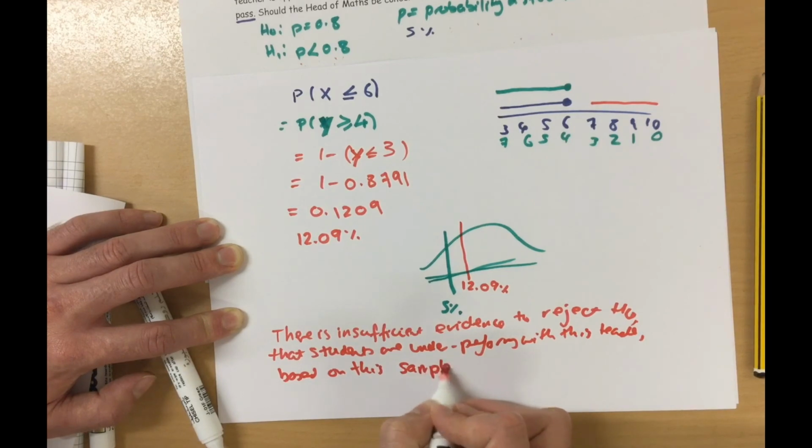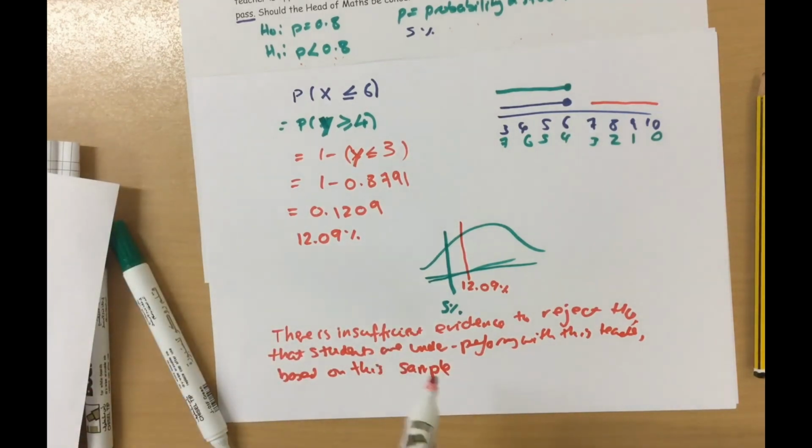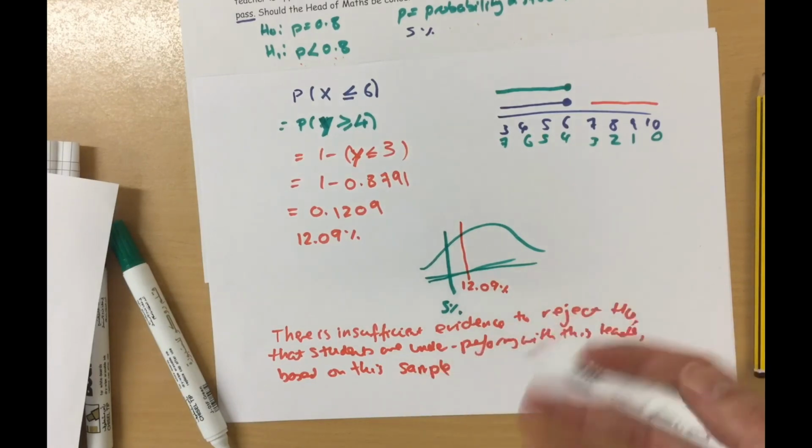Don't know if that's even legible. So again, we're not actually saying definitely that this teacher is not underperforming. We're just saying with this one sample, there's insufficient evidence to reject the idea that she is performing in line with the historic average.